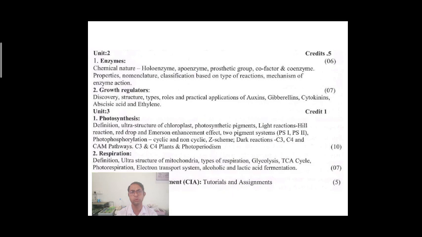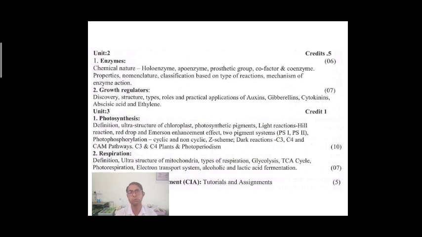As we know, growth in plants is regulated by some different substances, which we call regulators. Auxin, gibberellins, cytokinins, abscisic acid and ethylene are the different growth regulators, or we can say growth promoters, which we are going to discuss in unit number 2, growth regulators.